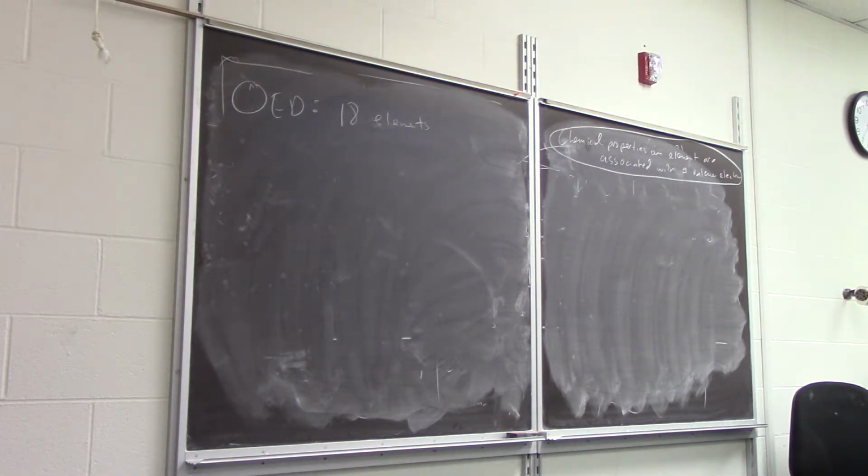So on a test, I will say, give me the orbital energy diagram for silver. And you go, Scully, you told us we couldn't do that, because silver is number 47. But if I say, do the orbital energy diagram for oxygen, why don't you do that right now? Then you should be able to do it.